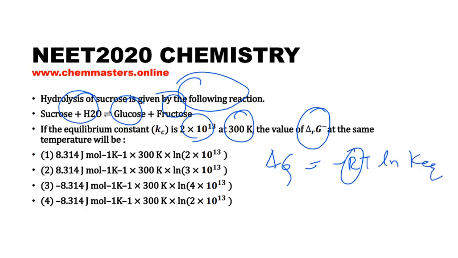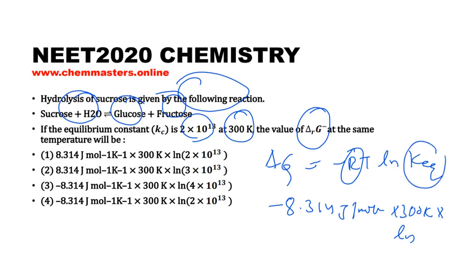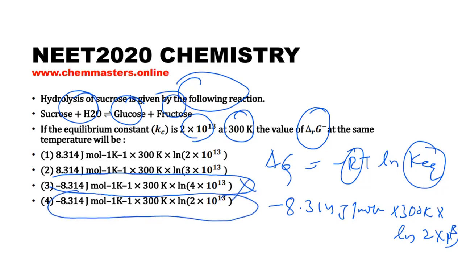R is the gas constant, 8.314 joule per mole per Kelvin, times the temperature 300 Kelvin, times ln of K equilibrium, which is given as 2 times 10 power 13. So simply minus 8.314 times 300 times ln 2 times 10 power 13. So the fourth option is the correct one.